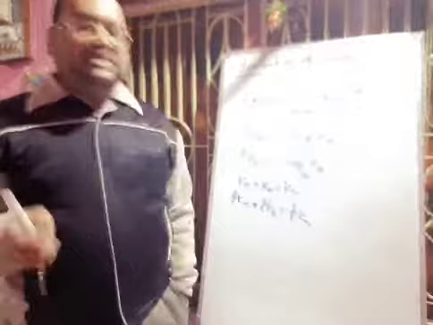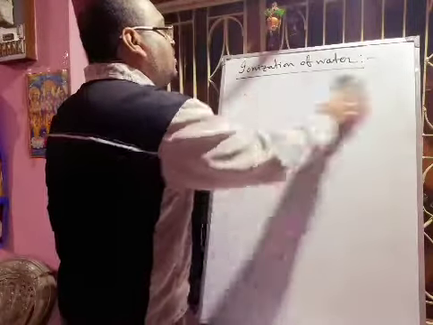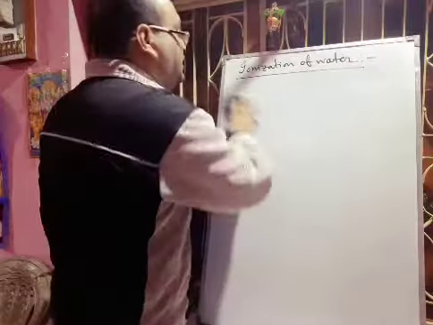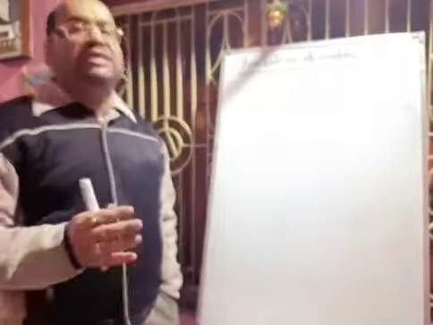And some pH values are listed in your book, that also you have to remember. All of you know that human blood pH is 7.4, but pH of milk is 6.9.